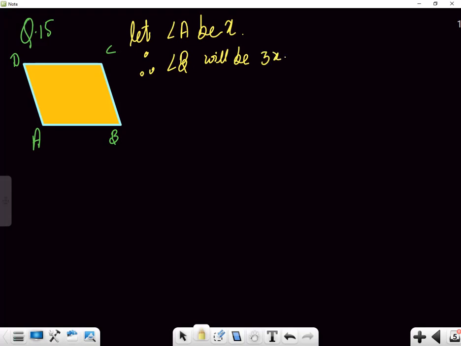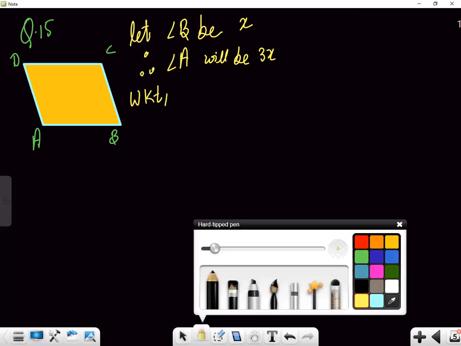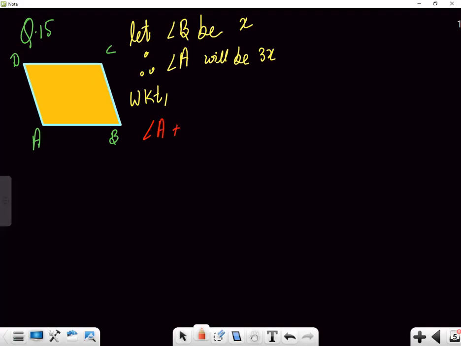ओके, ठीक है. या फिर अगर किसी स्टूडेंट की इच्छा हो कि मुझे एंगल बी को x मानना है पहले, तो वो ऐसा भी कर सकता है। एंगल बी अगर x है तो एंगल ए कितना हो जाएगा, ये 3x हो जाएगा, कोई प्रॉब्लम नहीं। ओके ठीक है। Now as you all know, we know that angle A plus angle B is equals to 180 degree.